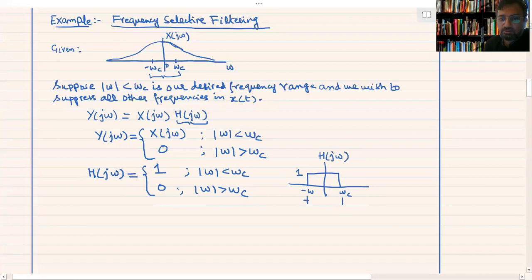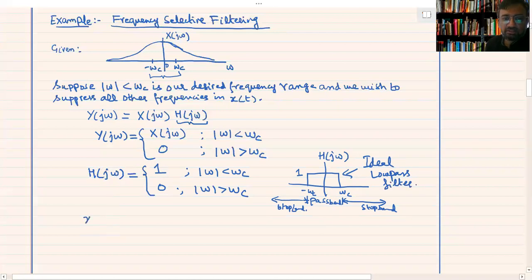So this is the pass band, and this system should stop all these frequencies that are outside this range. And this system is typically called an ideal low pass filter.